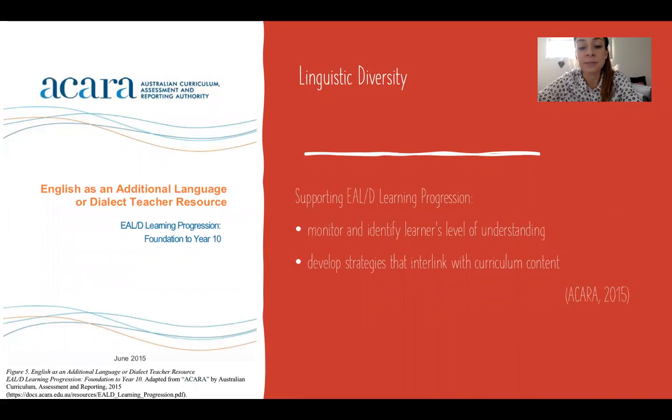Linguistic diversity. According to the English as an Additional Language or Dialect resource, Annotated Content Descriptors Mathematics Foundation to Year 10, the key components of supporting linguistically diverse or ELD learners comprise deliberate consideration of each learner's individual level of understanding and specific requirements, ACARA 2015.